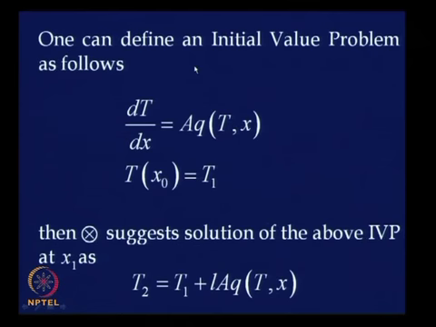So, one can define an initial value problem as follows. The same Fourier's law: dT/dx is some constant times q(t, x). I have considered the simple 1 dimensional case. If it is more than 1 dimension, then accordingly this will be a gradient, and this also depends on more than 1 dimension. Then we need to know what the initial temperature would be at any coordinate. So, why do we require it only at one point?